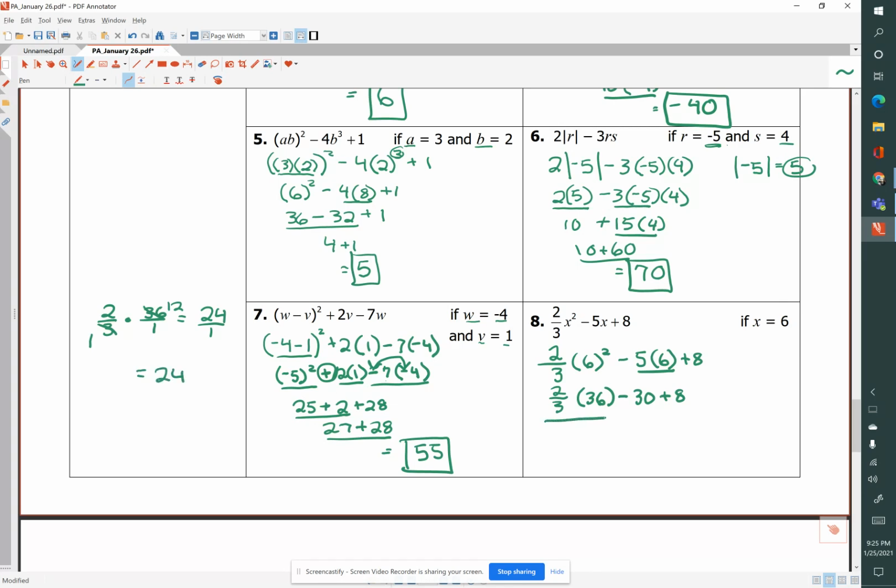So this part, 2/3 times 36, equals 24, and we have minus 30 plus 8. So 24 minus 30 is negative 6. Negative 6 plus 8 equals 2, our final answer.